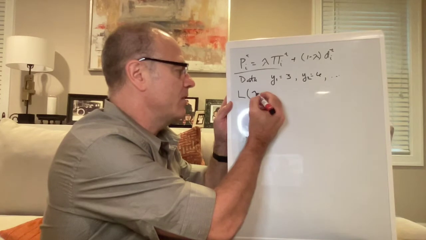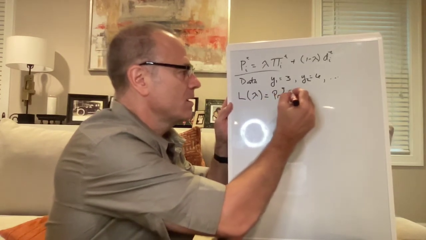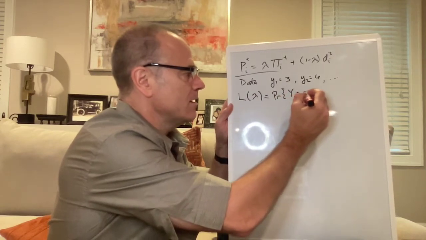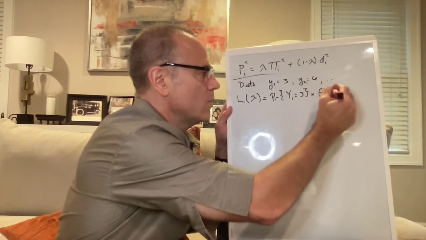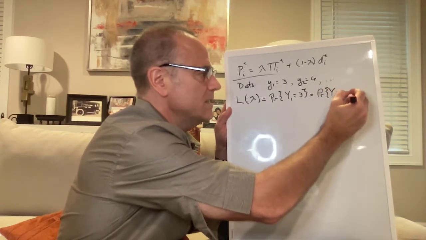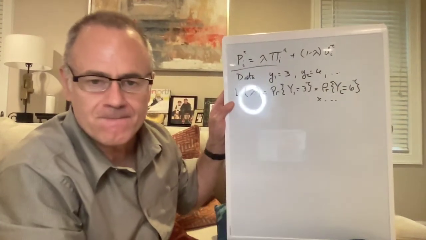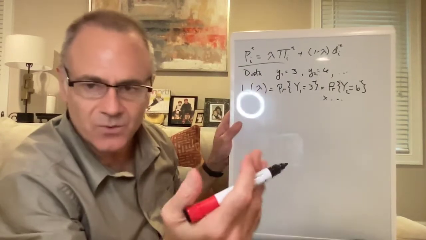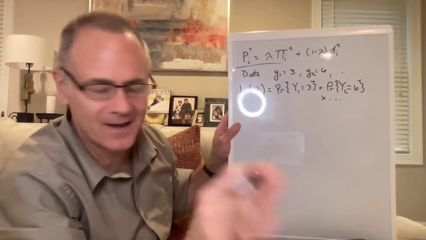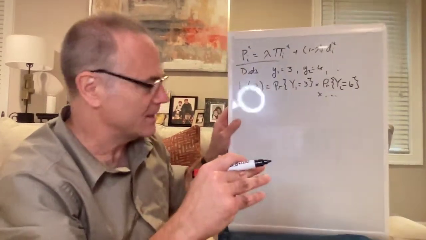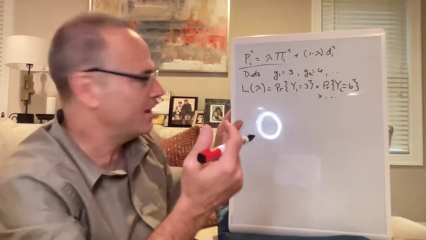So now we have L of lambda, and this is just going to equal probability Y1 equals 3 times probability big Y2 equals 6, and so on. Remember that. Write down that recipe function and then apply it. Look back and forth and say, okay, I've done that.